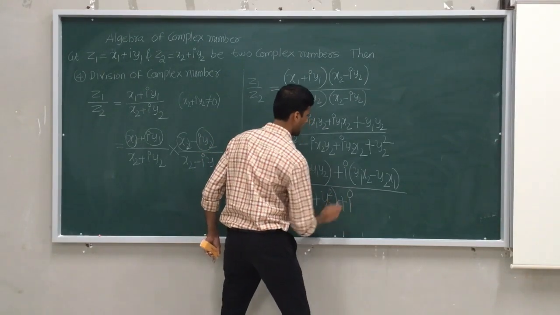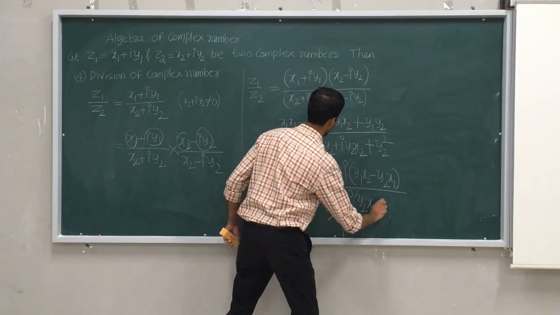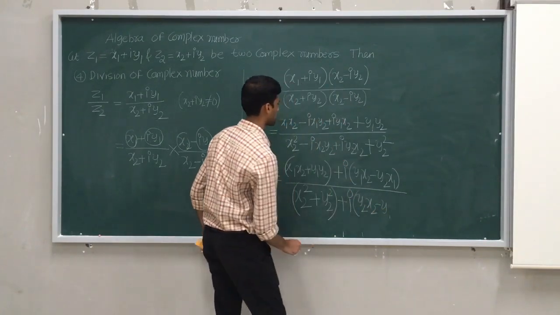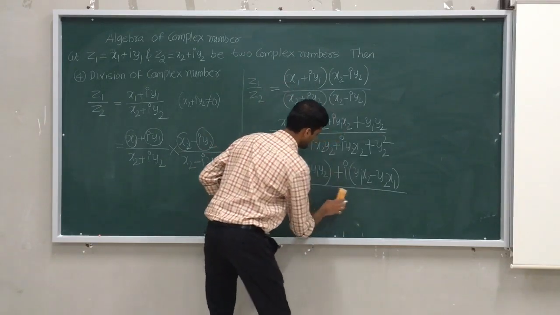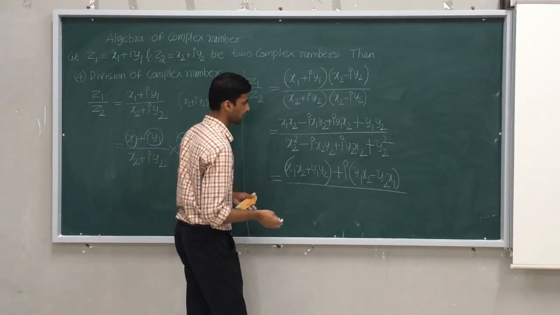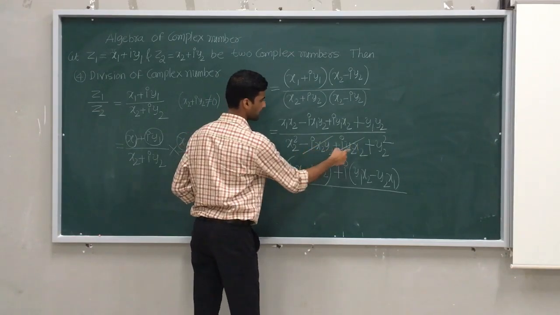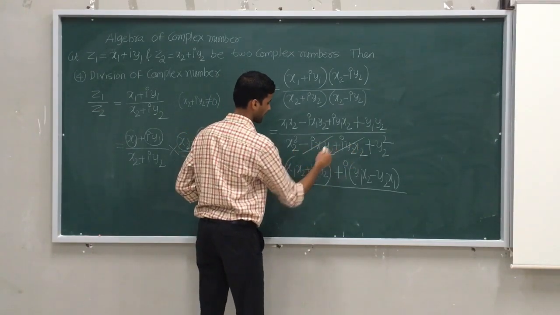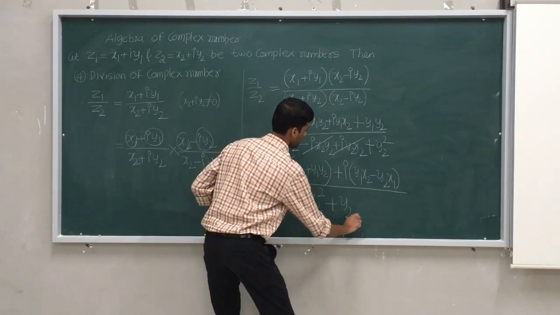Sorry, instead of writing the same term, you can say these two will cancel, right? x2 y2 plus i minus i. So you are left with x2 square plus y2 square.